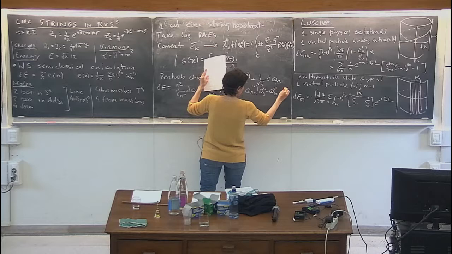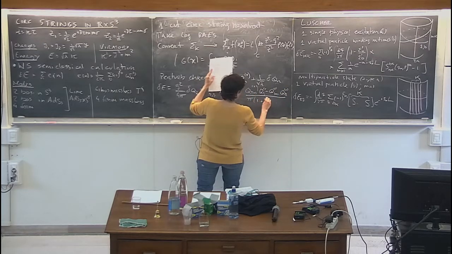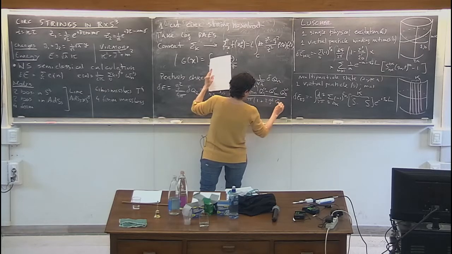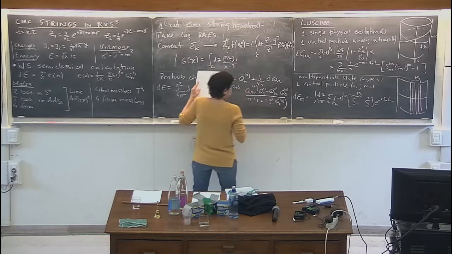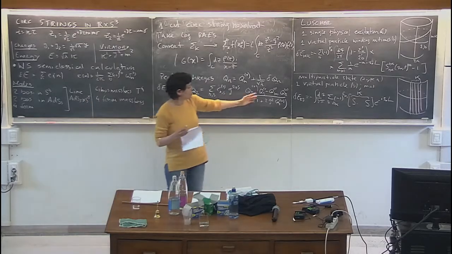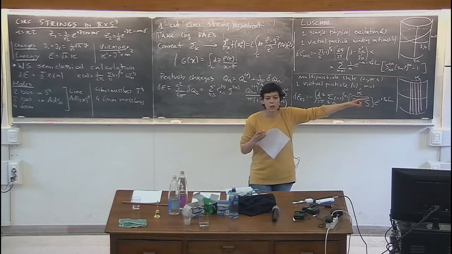So these are all classical charges. In terms of the classical charges it has a closed form expression, and if you expand this expression, of course, what you get is what I've written there as the delta E one loop.